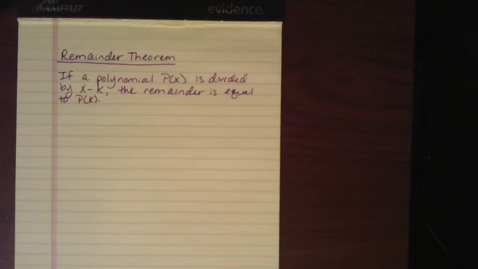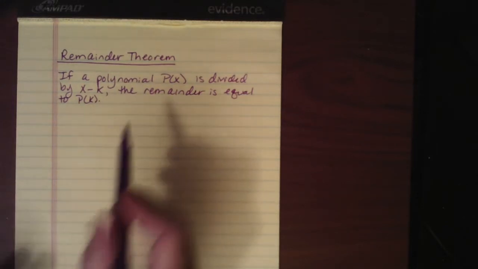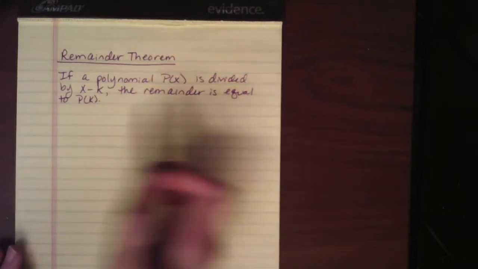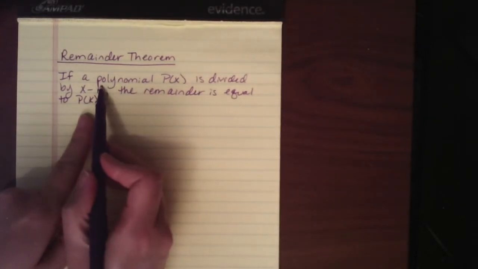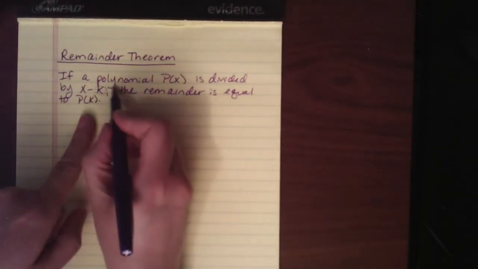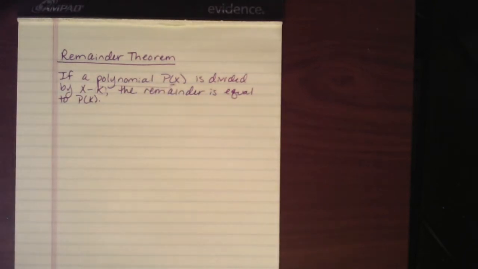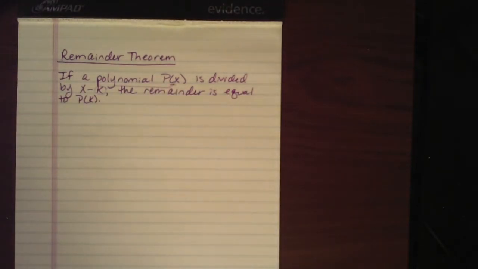If a polynomial p of x is divided by x minus k, the remainder, whatever remainder we get when we do that division, is equal to if we took this value of k and plugged it in for the x in the polynomial.